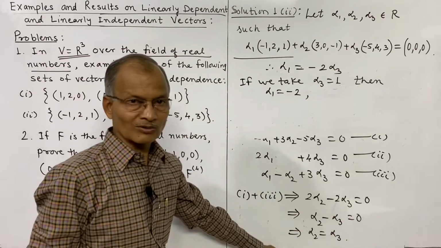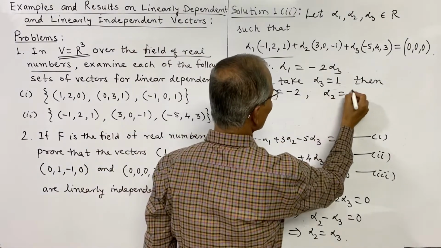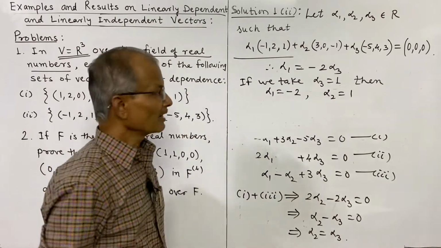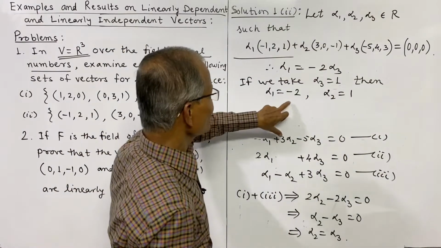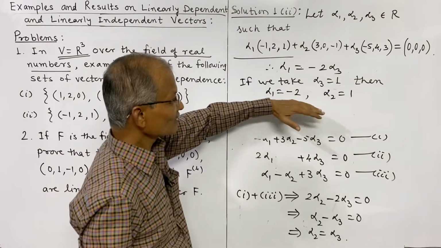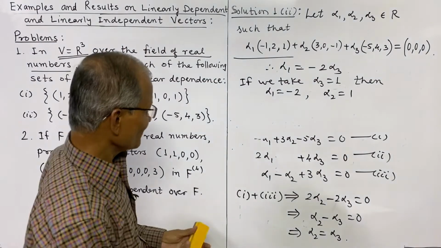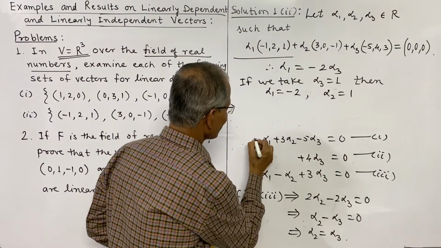And alpha 2 is equal to alpha 3, so alpha 2 is 1 itself. Thus we have alpha 1 is minus 2, alpha 2 is 1, and alpha 3 is 1. These are the values. You can check it easily whether these are satisfied or not.